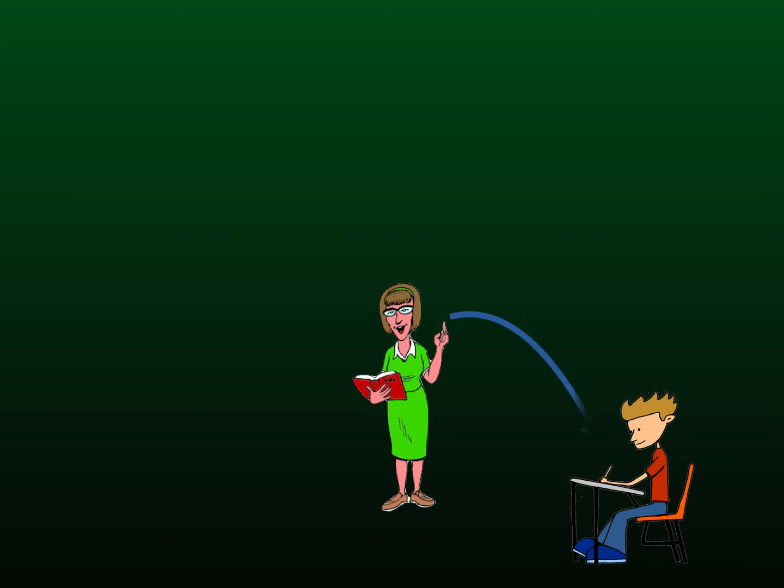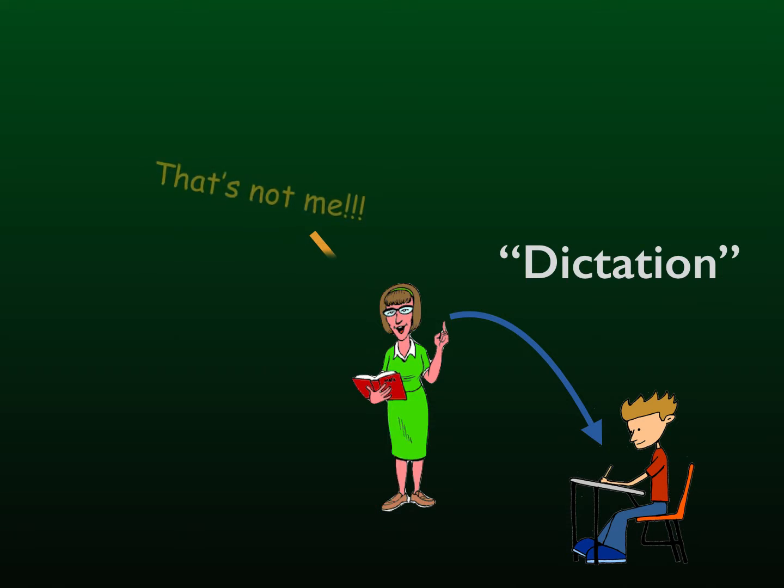The final practice session in this lesson is a kind of dictation exercise. Yes, that's right, it's not me. For the dictation, you may need a pen and paper, or you may be able to remember the points in your mind.